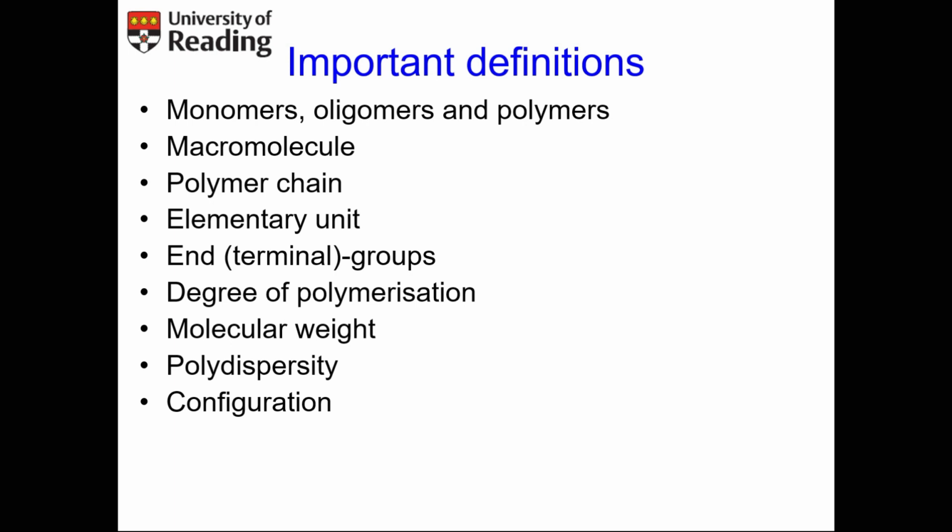Configuration of macromolecules cannot be changed unless you are breaking the chemical bonds. Also, there are different types of configurations. For example, macromolecules consisting of repeating units of the same kind will be called homopolymers, and macromolecules consisting of repeating units of two kinds will be called copolymers.